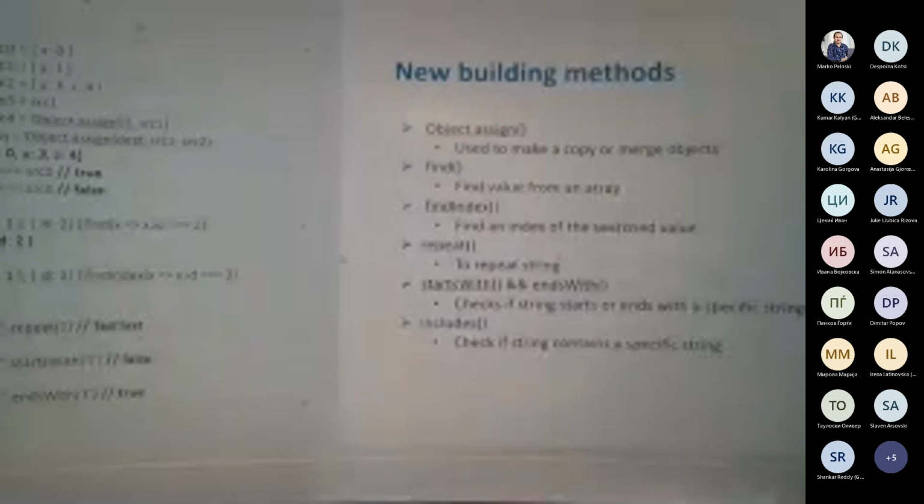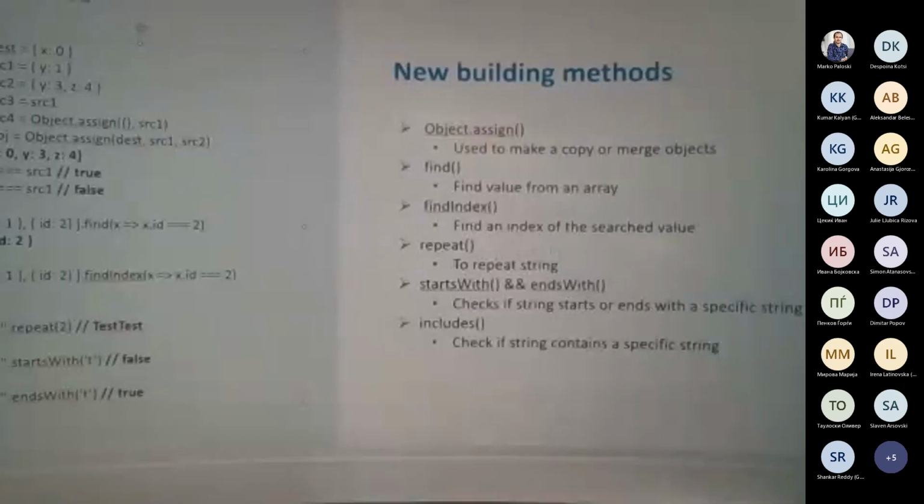There are also some string manipulations, like repeat. Repeat is, for example, if there is a string "test" and we type repeat(2), then it will return a string which has twice the value of the string. Also, we have some other methods like startsWith and endsWith, which the names show what's going on: if the string starts with some substring or ends with some substring.